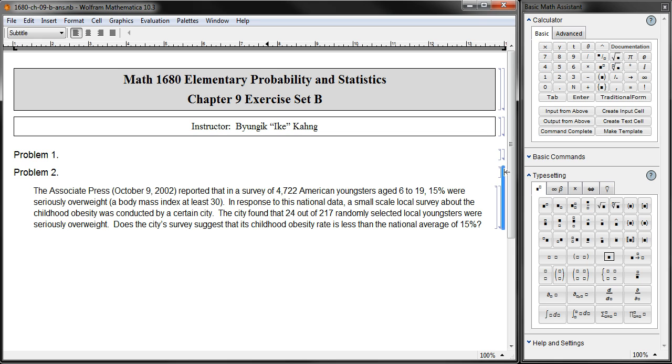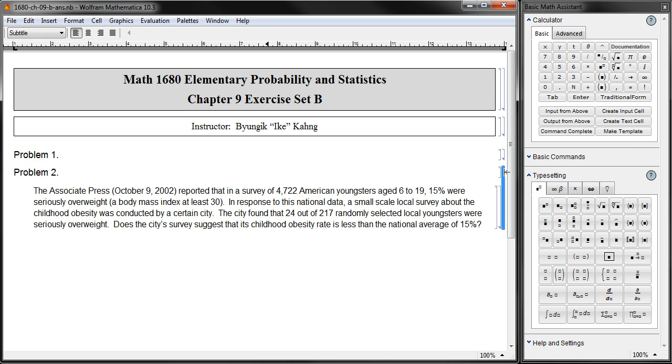The city found that 24 out of 217 randomly selected local youngsters were seriously overweight. Does the city's survey suggest that its childhood obesity rate is less than the national average of 15%?